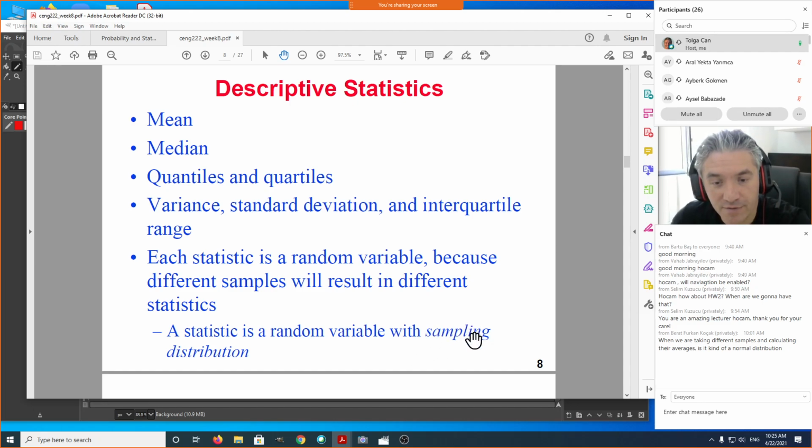And if you look at the distribution of our estimate, for example the averages, you'll see that they are normally distributed. The sampling distribution in that case will be normal.